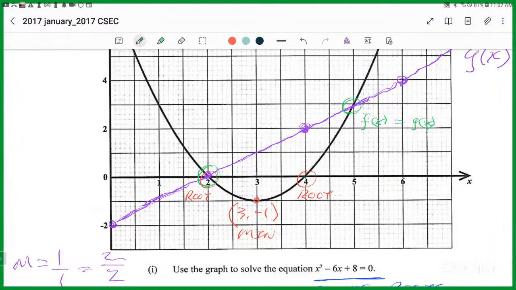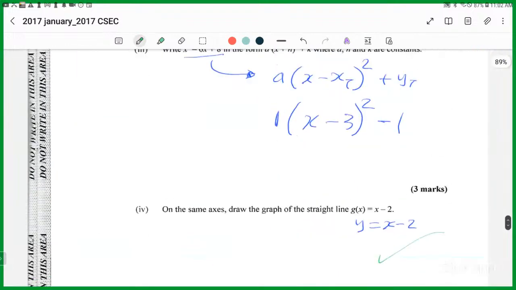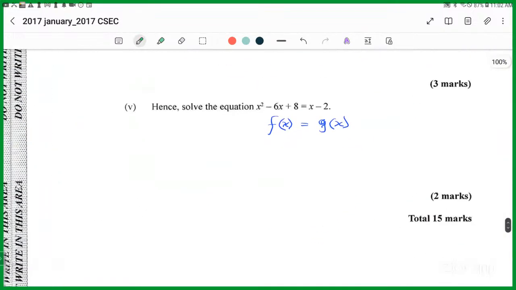The x value at this one is 2, just x equals 2. The x value at this one is 5. I'm going to put x equals 5. So those are my 2 x values, 2 and 5. So my answer for this is x equals 2, x equals 5.